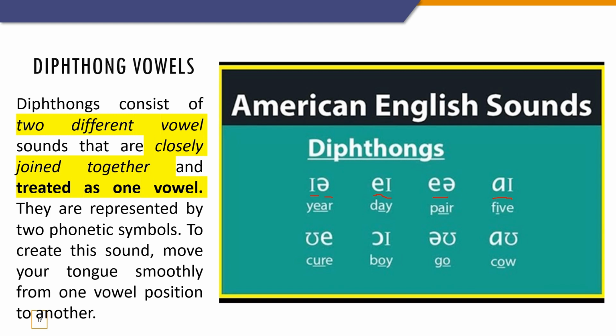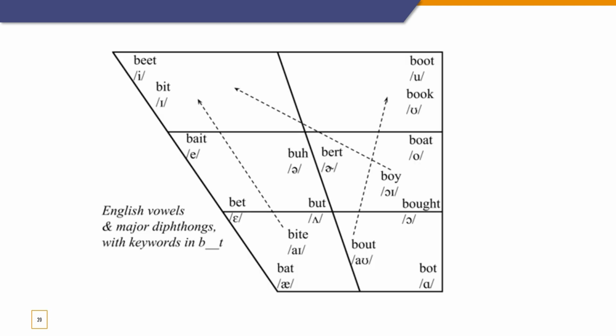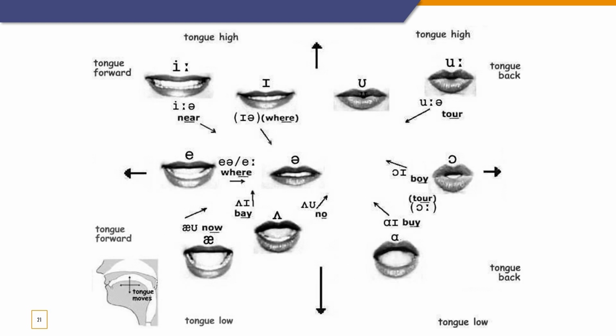We are gonna learn more about these vowels in the next chapters. This picture shows us how to position your lips, your mouth, your tongue, and your jaw when pronouncing English words.